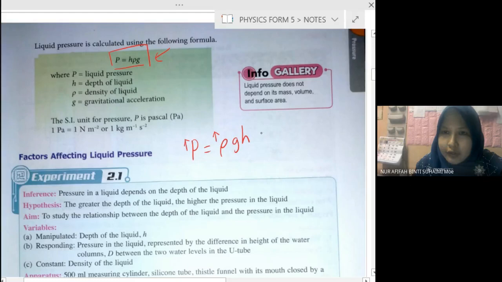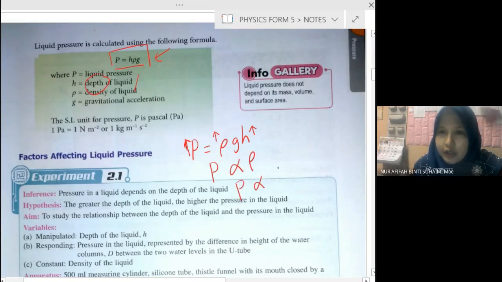So this one density and height or depth. What happens to pressure if depth increases? So pressure also increases. Okay, means that pressure is directly proportional to rho, and pressure is also directly proportional to depth.